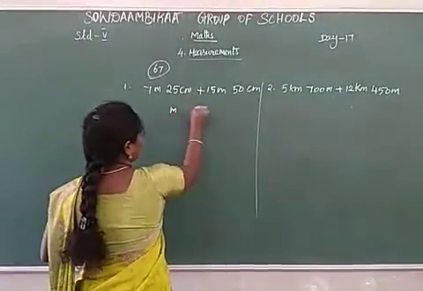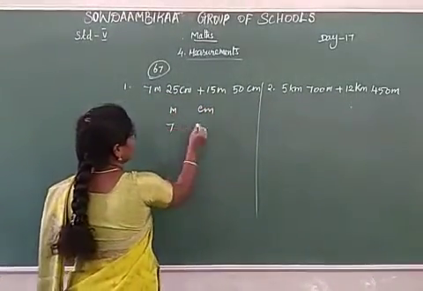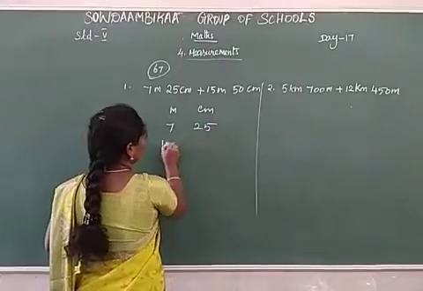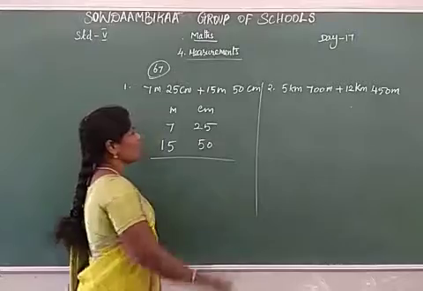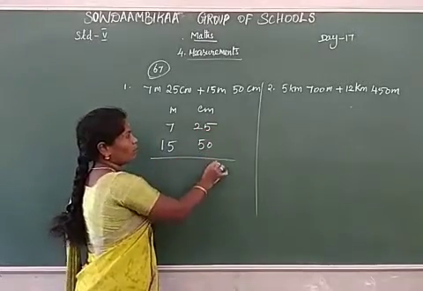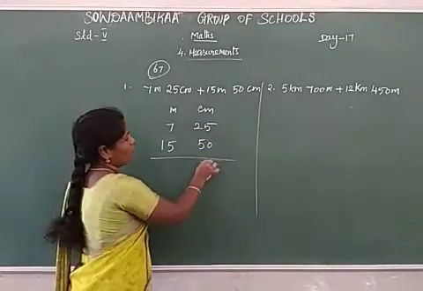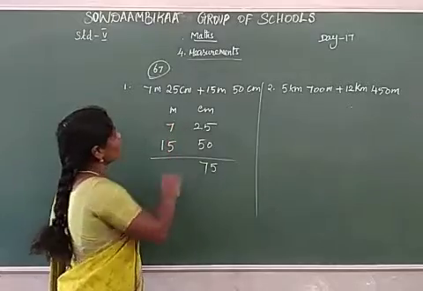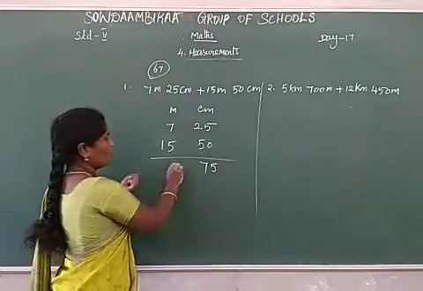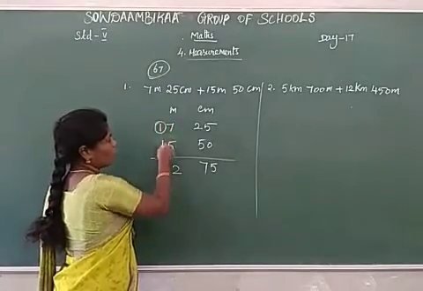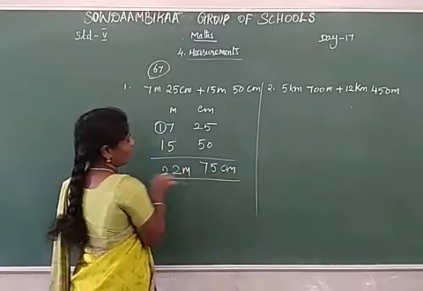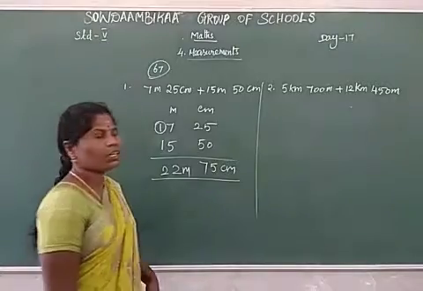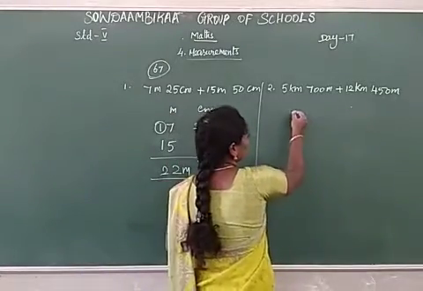First write meter, centimeter: 7, 25, 15, 50. Okay, now add this. 5 plus 0, 5. 2 plus 5, 7. 7 plus 5, how much? 12, 2, the remaining 1 plus 1, 2. The answer is 22 meter, 75 centimeter. The next step.